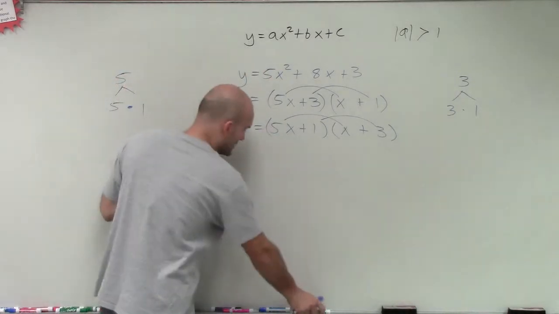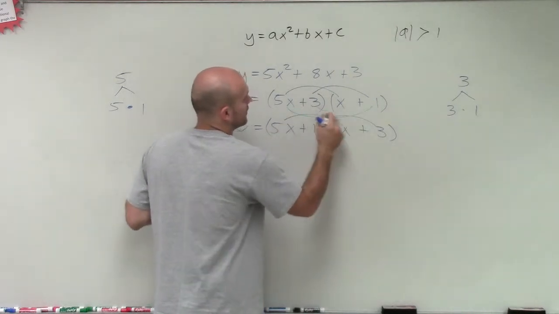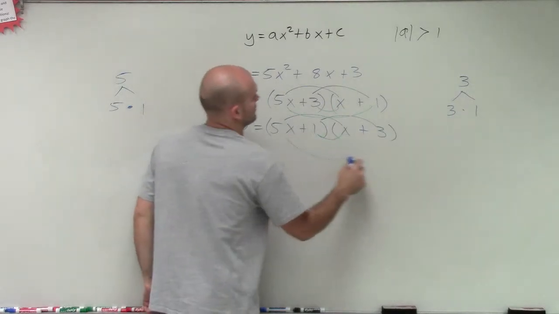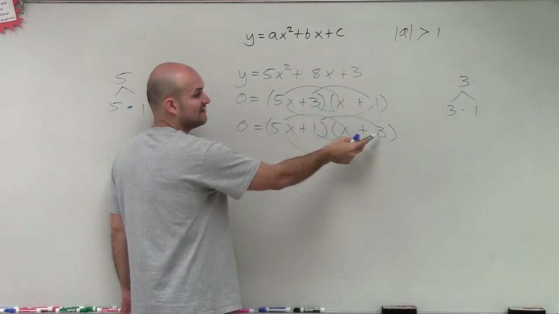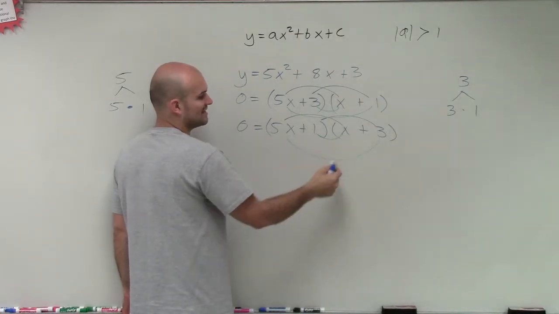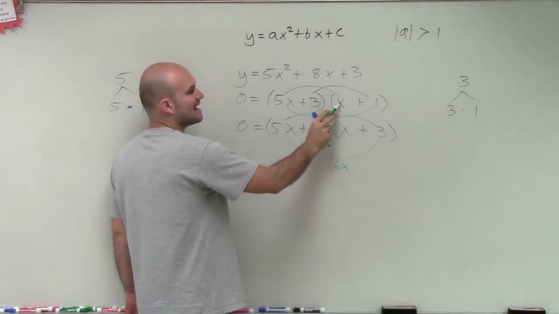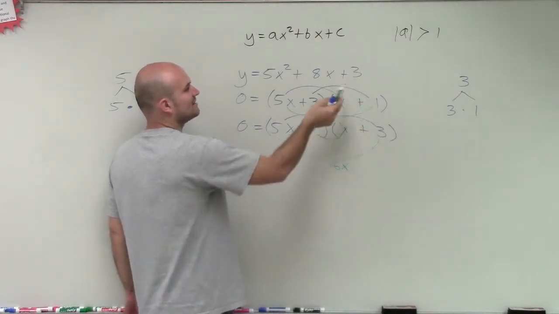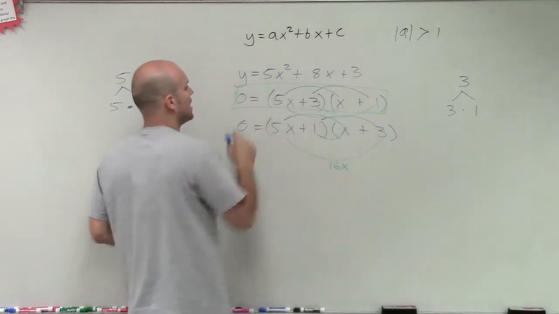To determine that, I'm going to have to multiply and add our outside and inner terms. So when we do this one, 5x times 3 is 15x, plus 1x is 16x. Well, that's not my middle term. 3 times x plus 5 times 1 is 5x. That gives me 8x. So therefore, this is now my factored form.